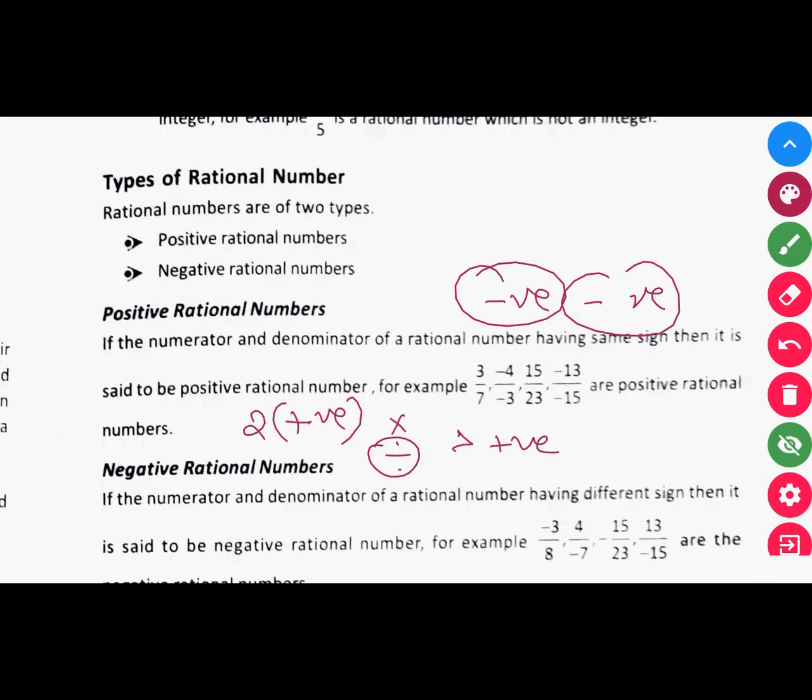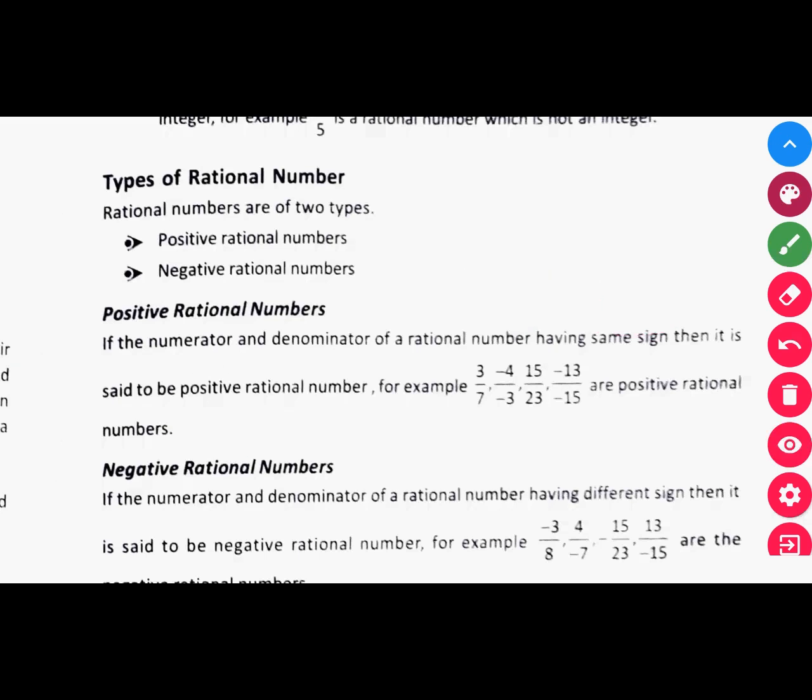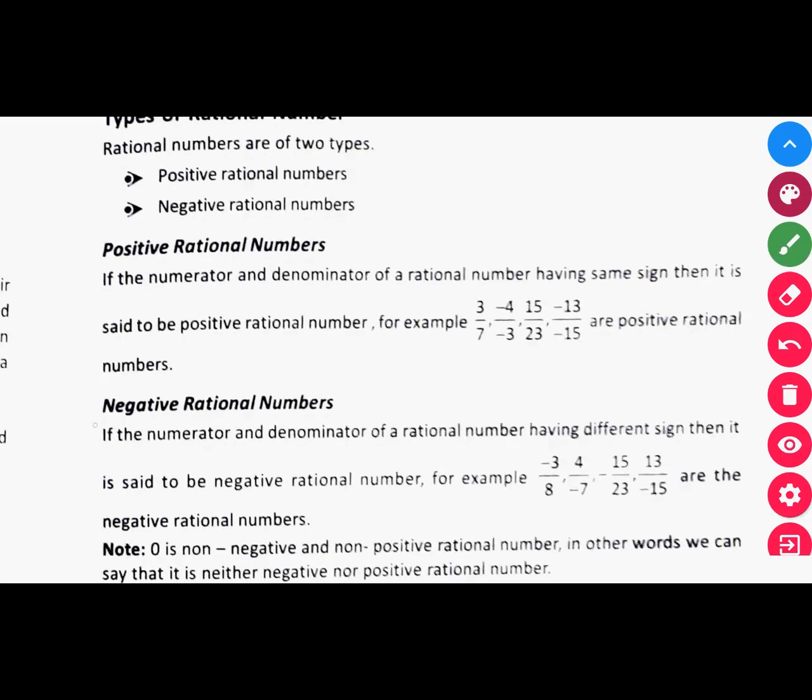So if the numerator and denominator have the same sign, both positive or both negative, it is positive. Like if the numerator is negative and the denominator is positive, the answer is not a positive rational number, it is a negative rational number. So both the numerator and denominator should have the same sign, either positive or negative. If they have different signs, then the number is said to be a negative rational number.